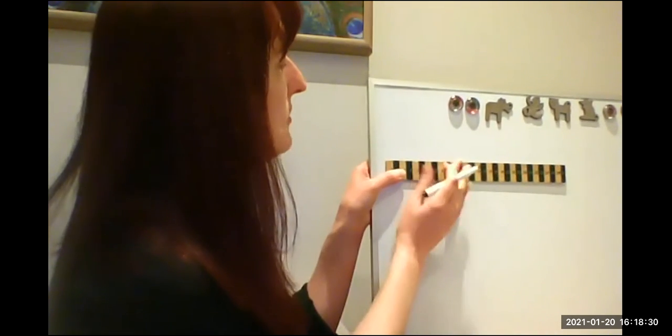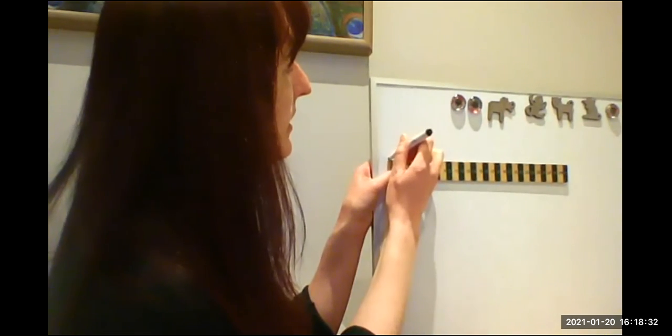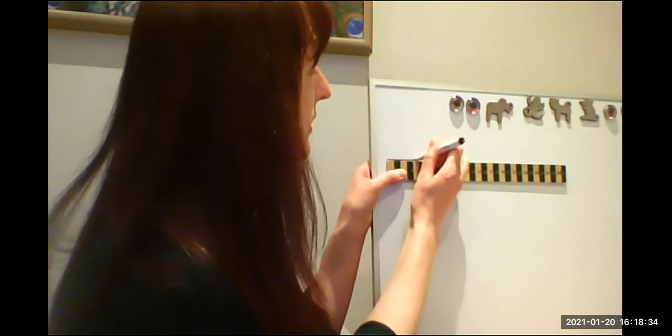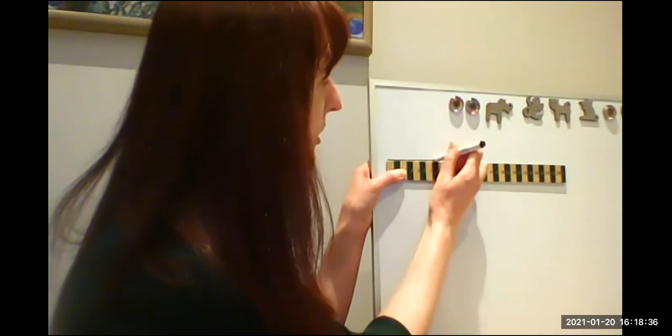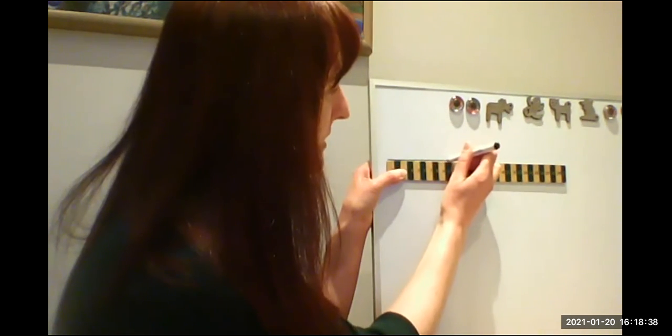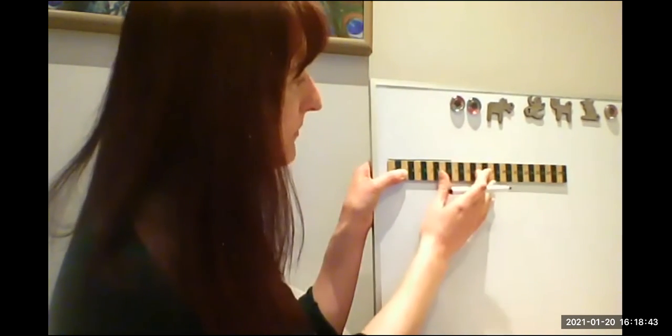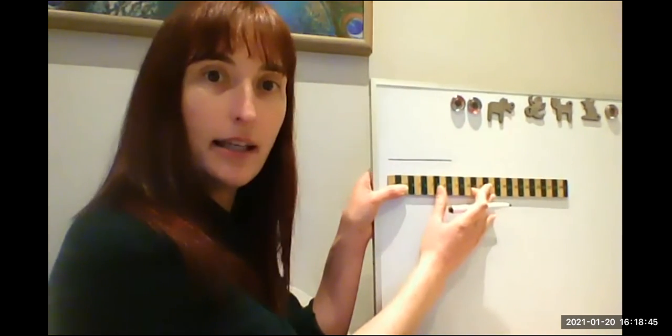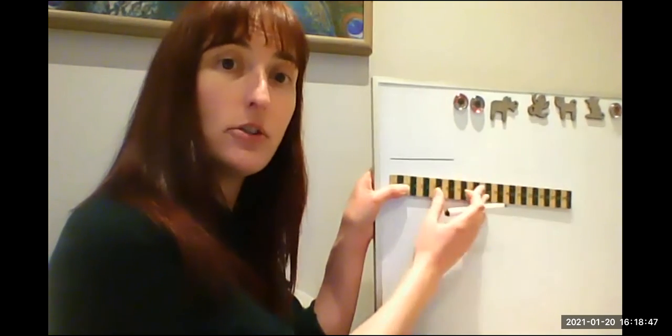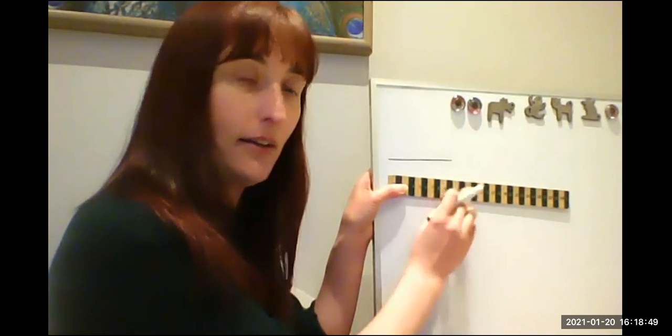I need to make sure, don't I, that I start at the very start and I'm going to go all the way along, being very careful, making sure I go past that 9 to the end of that green 10 stripe. Okay, and then I'm going to stop. You see, there's my 10 centimetre line. I've made sure I've gone to the end of that 10 line.